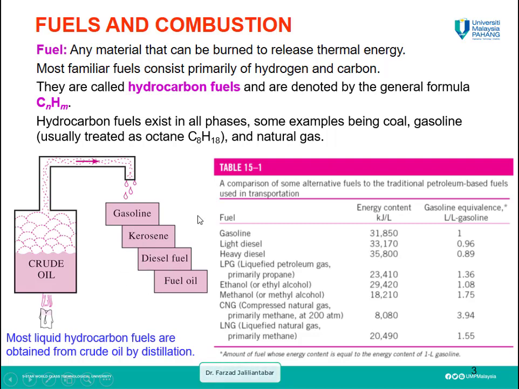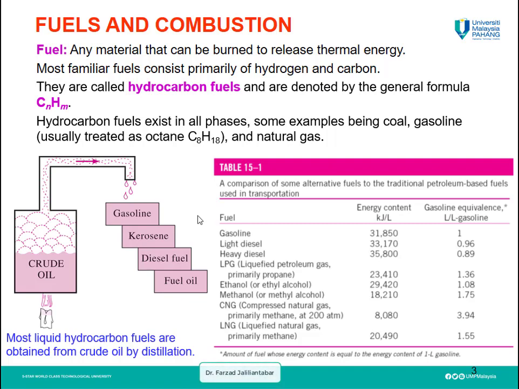Different kinds of hydrocarbon fuel can come from crude oil. And also the characteristics of these fuels are different. In the next slides we will see the differences between different kinds of fuels, but usually the energy content of these fuels is different.